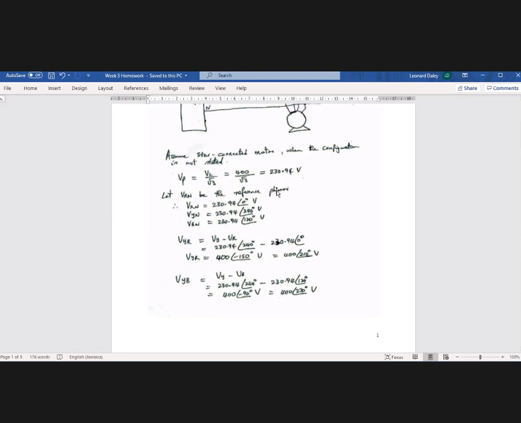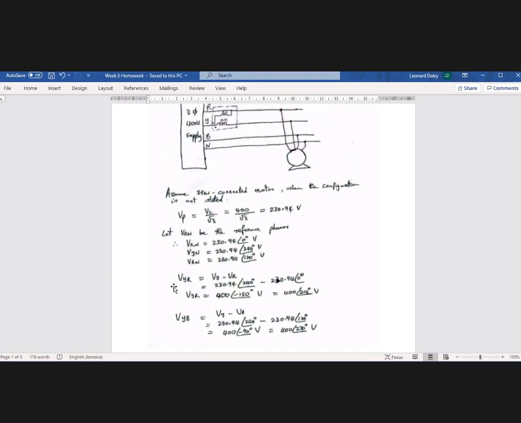Now we need VYR, so I'm calculating it right away. So VYR is VY minus VR. So it's 230.94 at angle 240 minus 230.94 at angle 0. So I end up with 400 at angle minus 150 or 400 at angle 210.